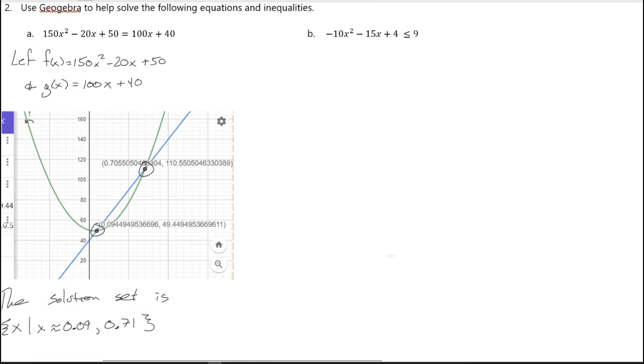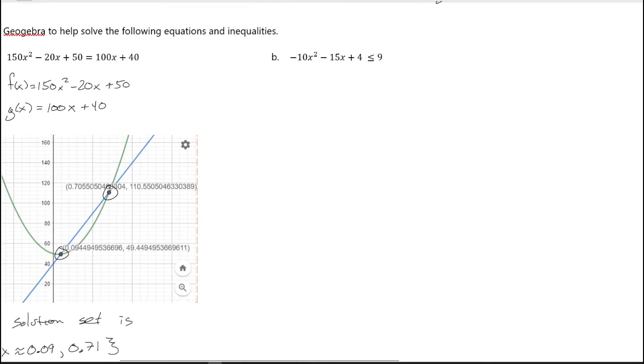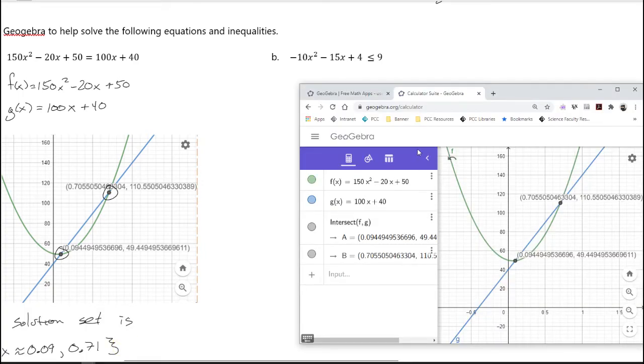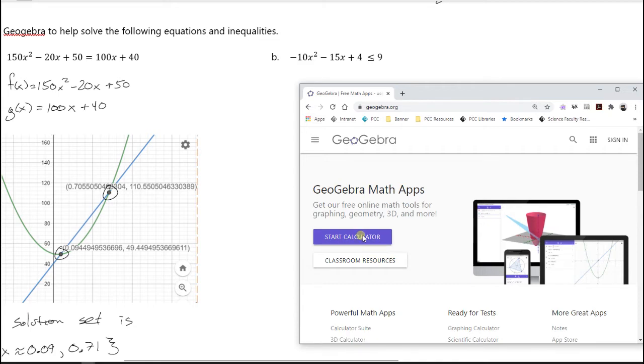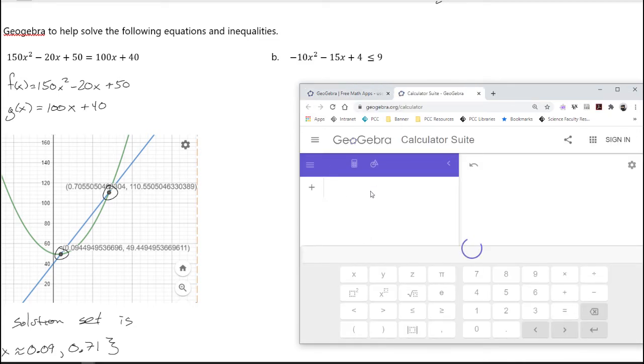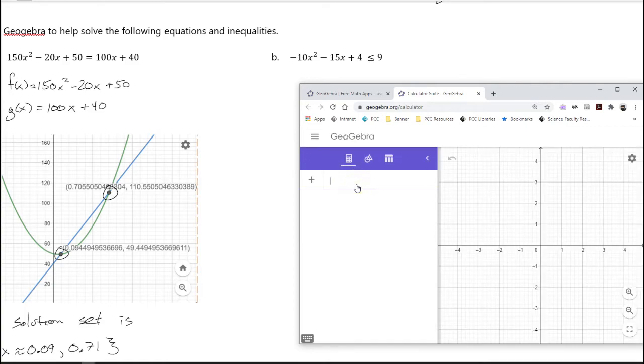All right, let's look at part B, where we're looking at solving an inequality. And get some graphs going, start over again. Let's let f of x equal negative 10x squared minus 15x plus 4, and g of x equal to 9.